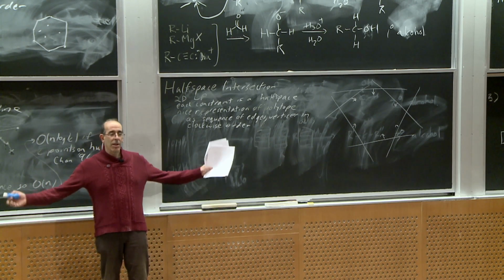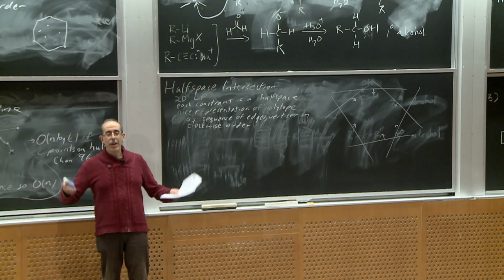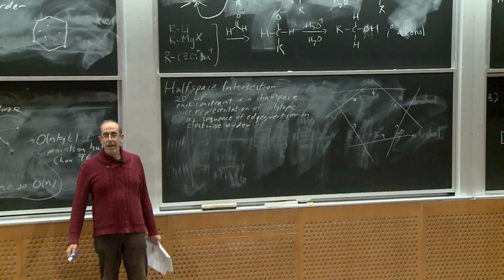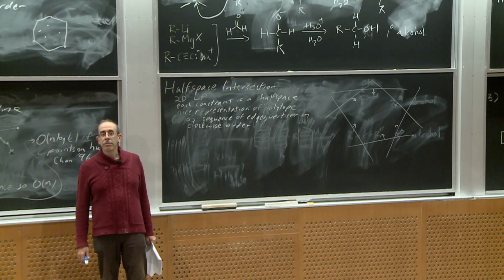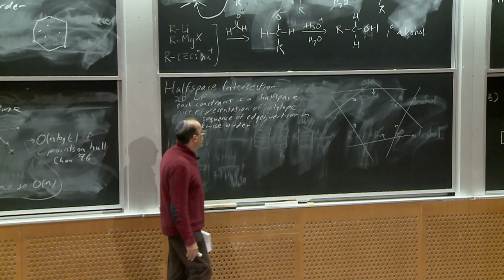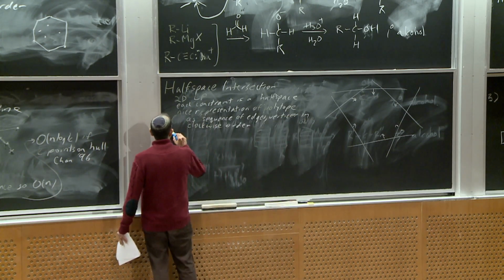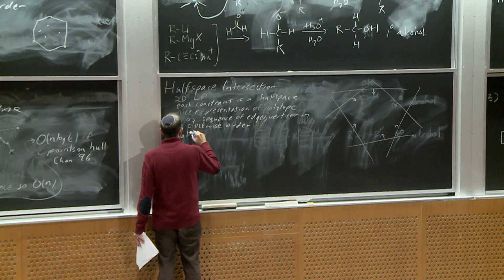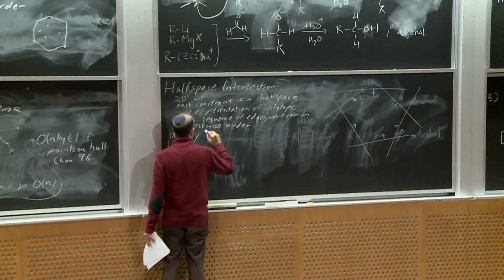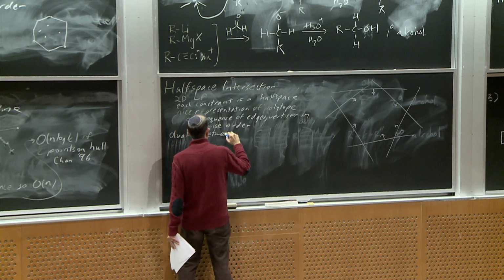It also has other applications to just test whether the intersection of a collection of half spaces is empty or not. Okay? So there's a nice way to solve this because there's a duality between points and lines.